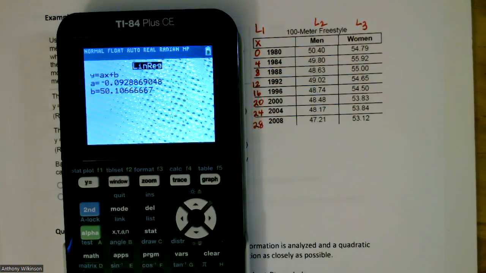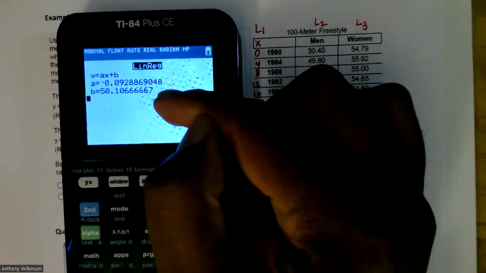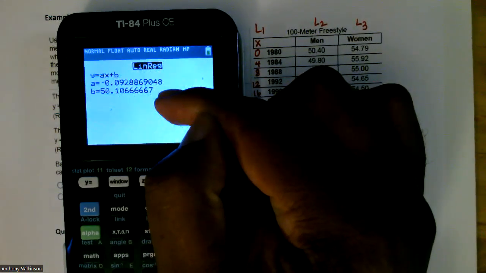Now this is going to give you, in terms of y equals ax plus b, where a is this number here, and b is this number right here. And they want this to 3 decimal places.